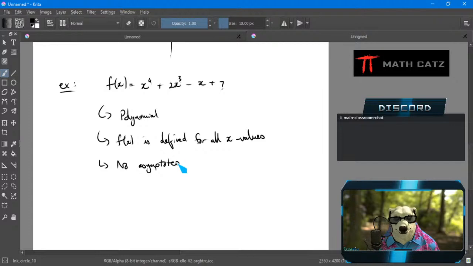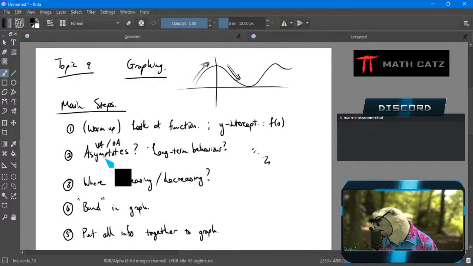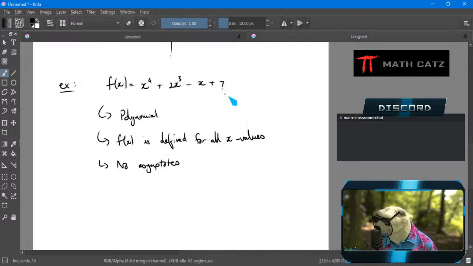So if we don't stop and think, I see people, let's suppose you have to do all the steps for this question. I see people not taking the time to identify the function and think what that means. And they just want to go to step 2 and think about asymptotes and waste a lot of time when a polynomial will never have anything significant to do in step 2 because of the type of function.